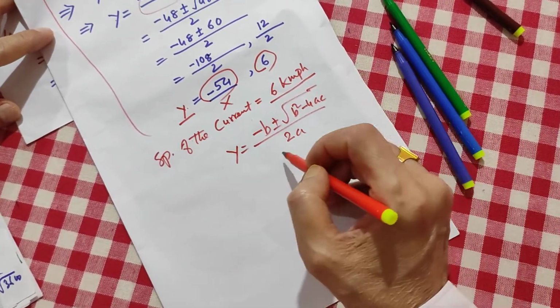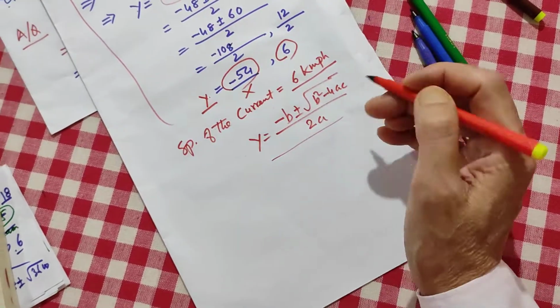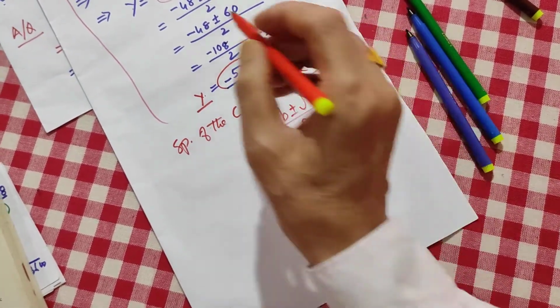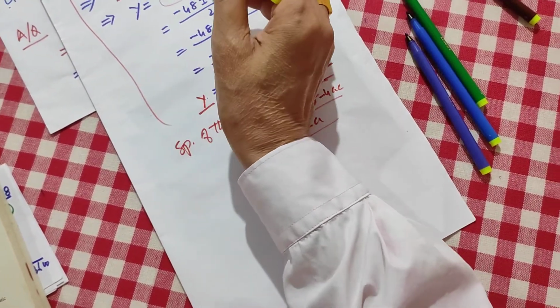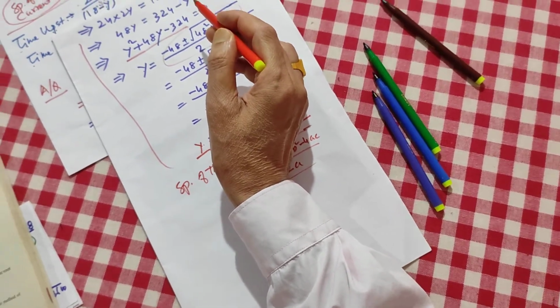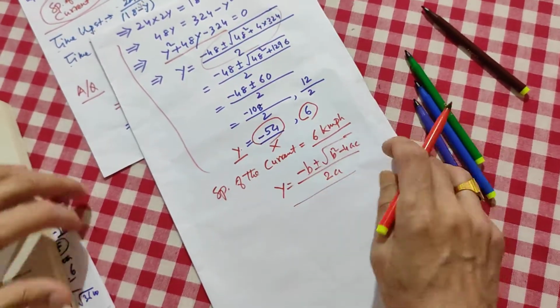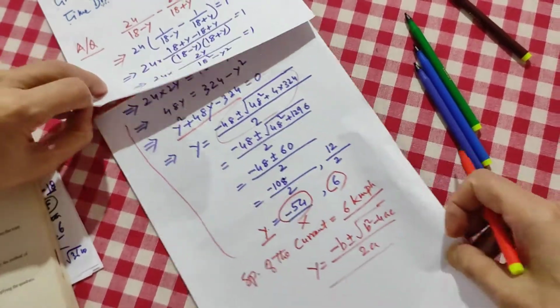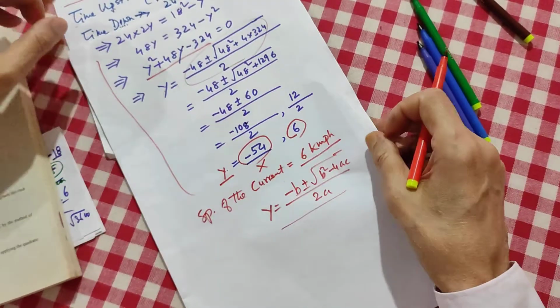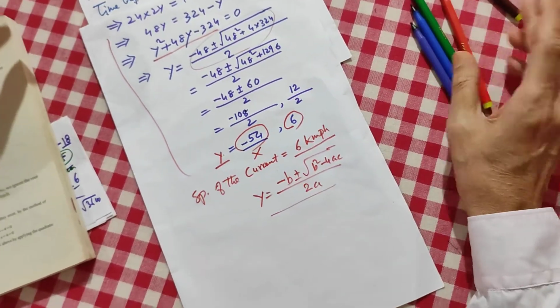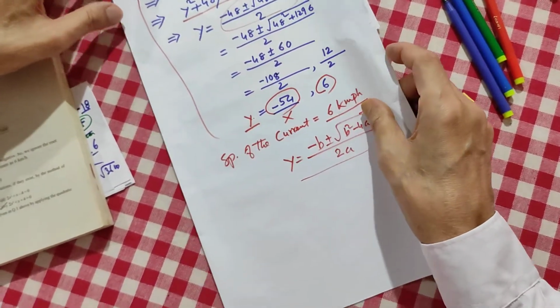Did you follow? So you can use the formula or you can factorize it. The main thing is to get this quadratic equation, y square plus 48y minus 324. Then you can do it. So this is the way. I hope you understood. This is a very important topic in your class 10 maths.